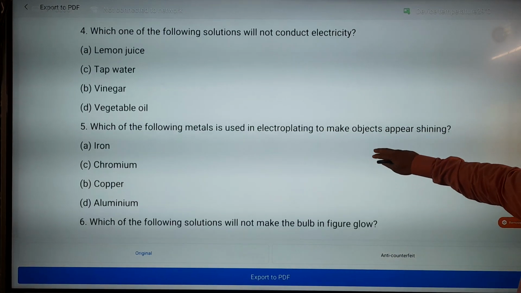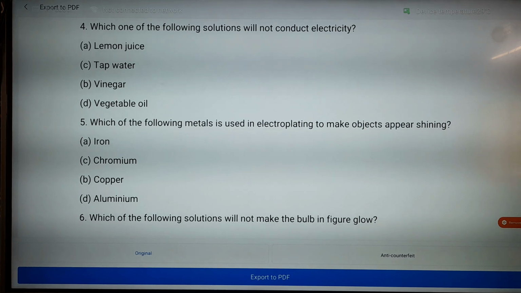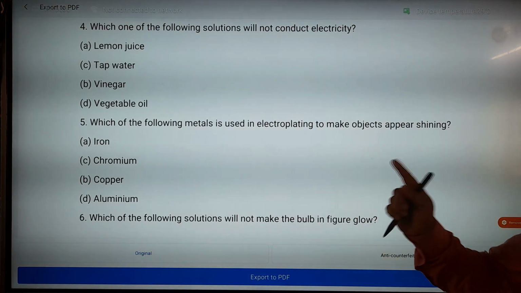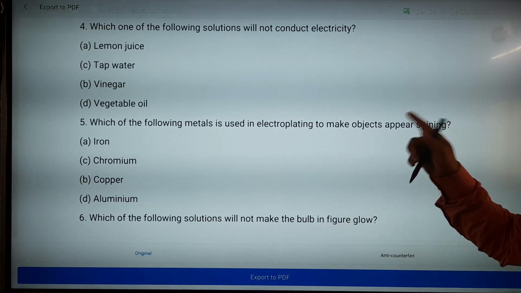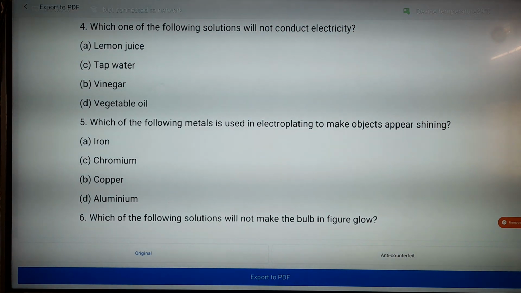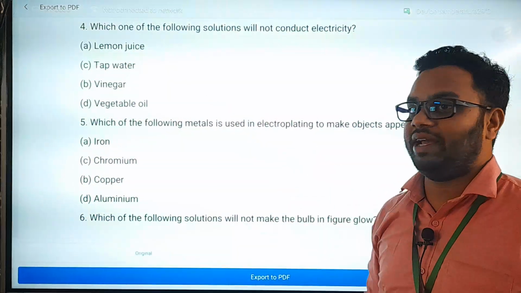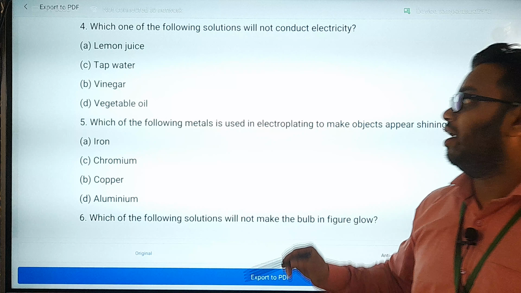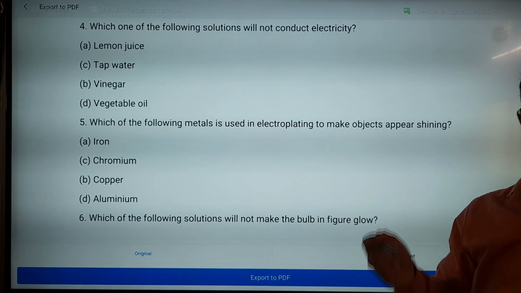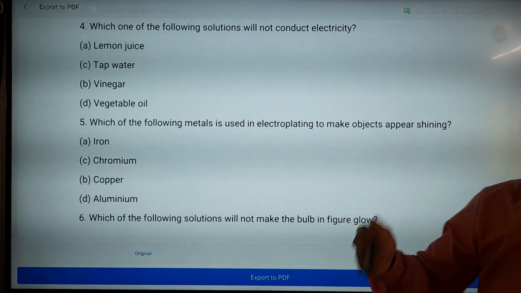Now move to number 4. Which one of the following solutions will not conduct electricity? Very good. The right answer will be D, vegetable oil. Lemon juice can also conduct electricity because it is an acid.